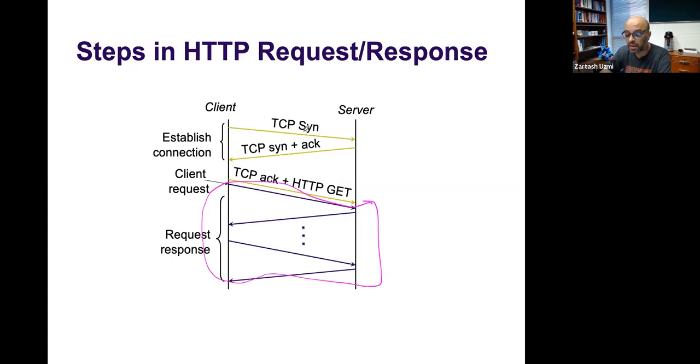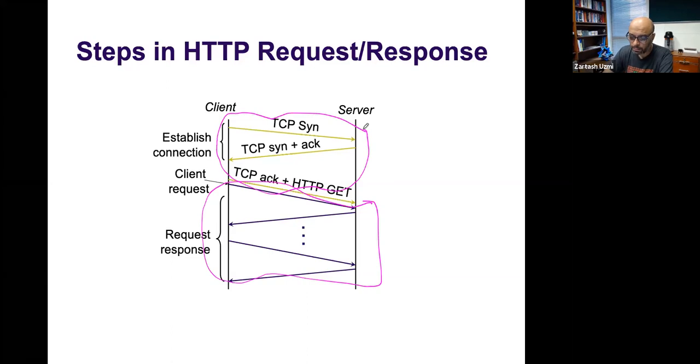And you must have a TCP connection. These yellow lines here, or green, whatever color that is, these yellow or green lines are the TCP connection establishment. So see, you first have to establish a connection. You need to waste a little bit of time to make sure the connection is established.